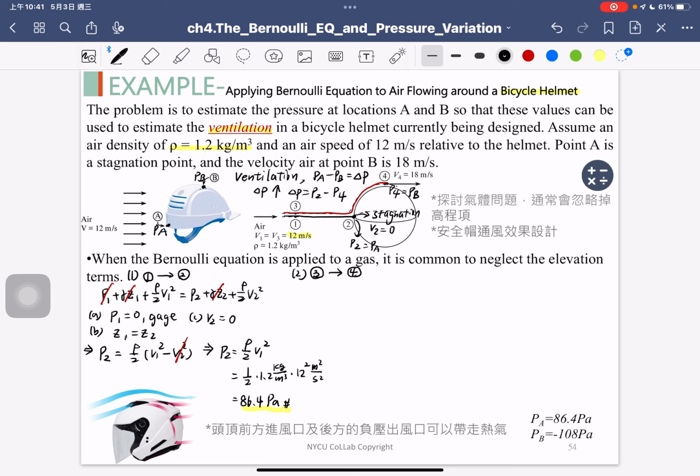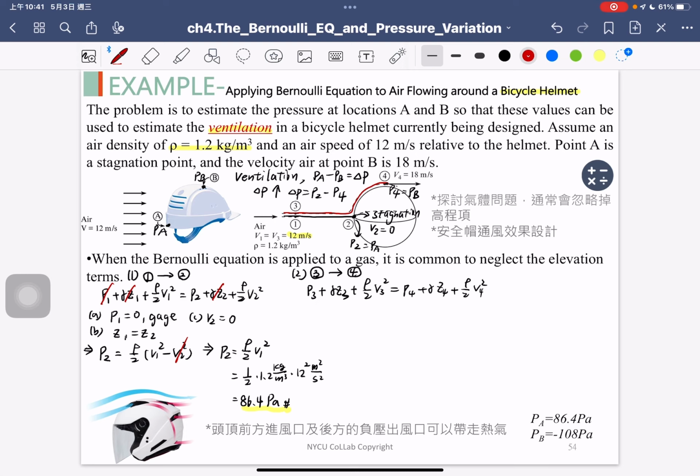In that case we also quickly write down P3 + γZ3 + (1/2)ρV3² = P4 + γZ4 + (1/2)ρV4². Again, we know which items we can cancel out.